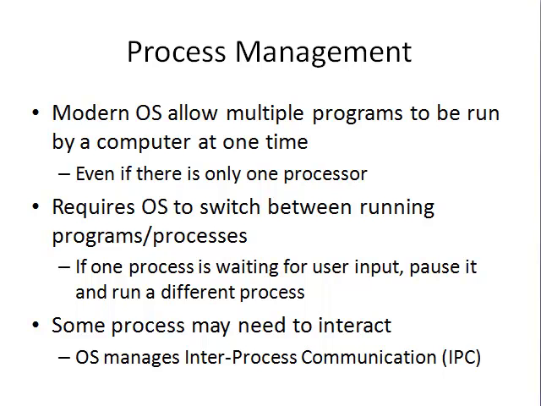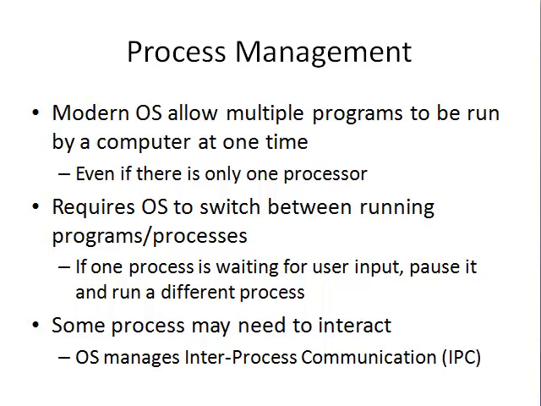And this can be true even if there is only one processor and one processor core. It's only actually able to do one thing at a time, but to us, the end user, it appears that our computer is doing several things at the same time.